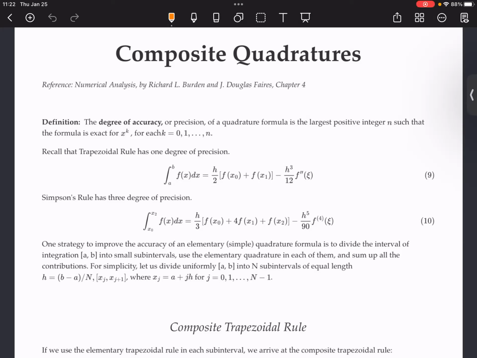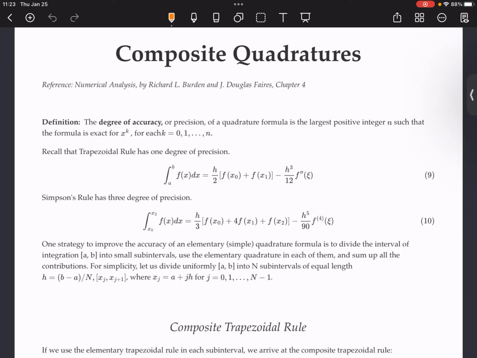And today we are going to improve the accuracy of the quadrature formula here. Last time, when we were deriving the trapezoid rule, this is our A and this is our B, and we just used 2 nodal points here, x0 and x1, and that's the trapezoid rule.